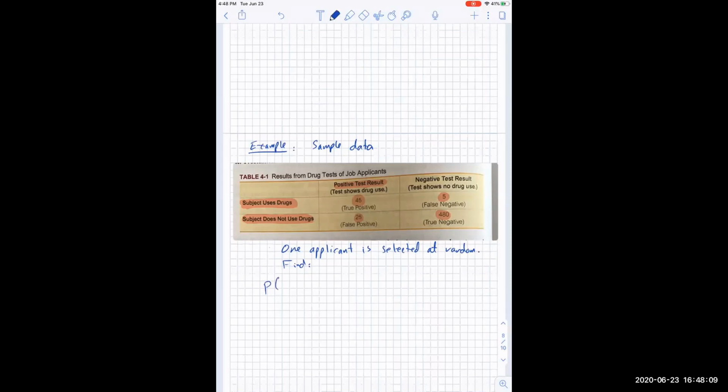One applicant is selected at random from this sample. Find the following. What is the probability that this applicant uses drugs?